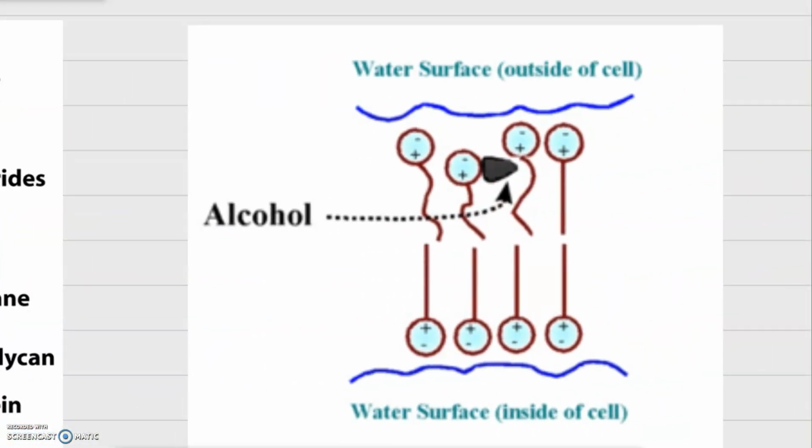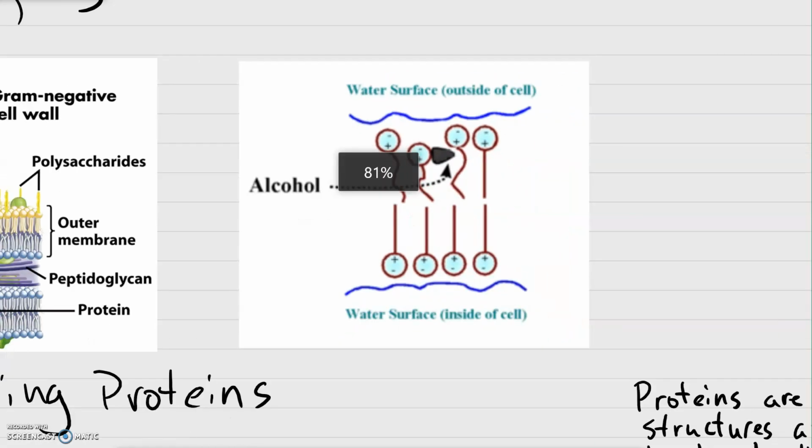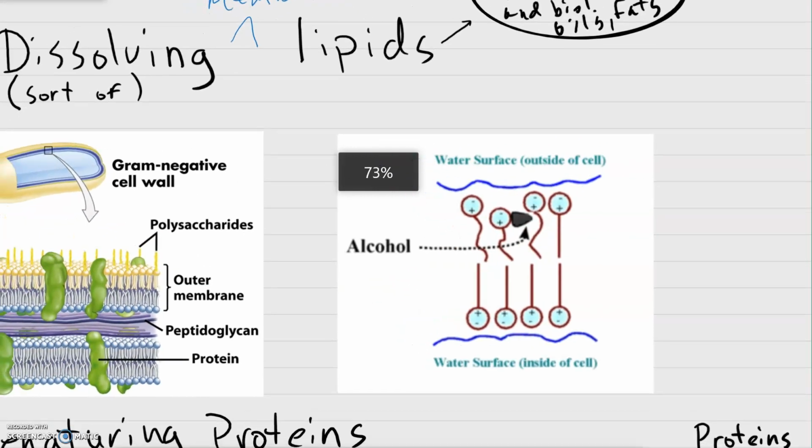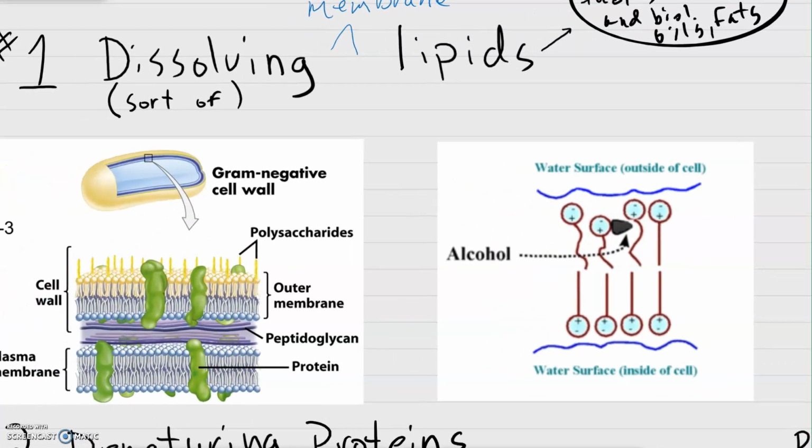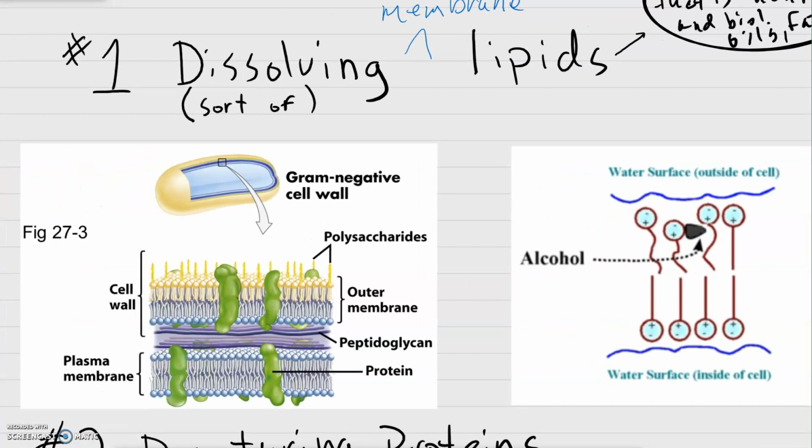When an alcohol is introduced to it, it will insert itself into those membranes and probably disrupt them a little bit. Well, this hasn't been super well studied. So disrupting the cell membrane is the first way that an alcohol can help kill a bacterium.